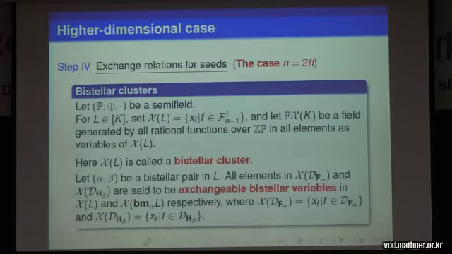Then we can define the bistellar cluster. Here it is also different from the two-dimensional case. In classical cluster algebra, one time you just change one variable, but in our case, one time maybe we change not only one variable, maybe more than one variable.